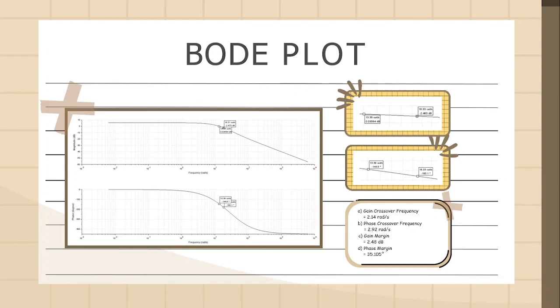We don't need to convert the value. For the phase crossover frequency, we get 2.92 radian per second, then the gain margin is 2.48 decibels, and for the phase margin we get 35.105 degrees.